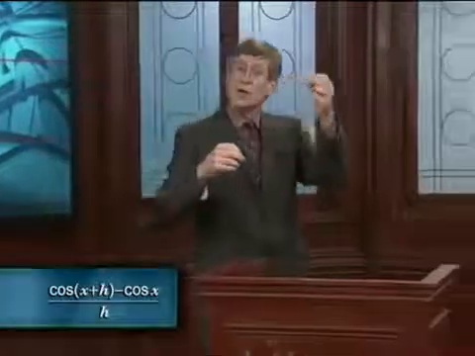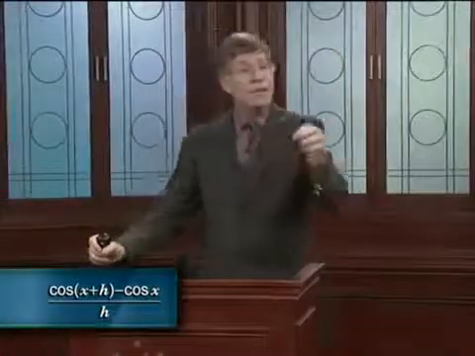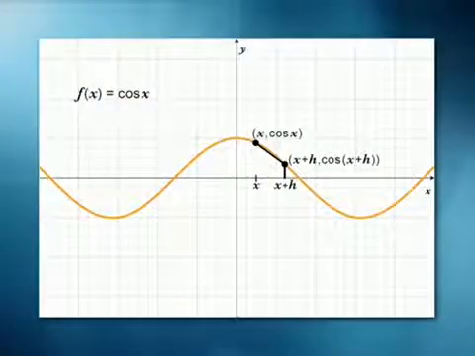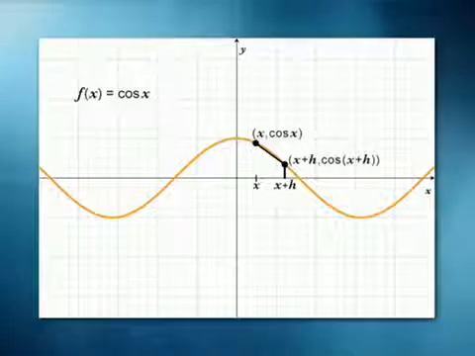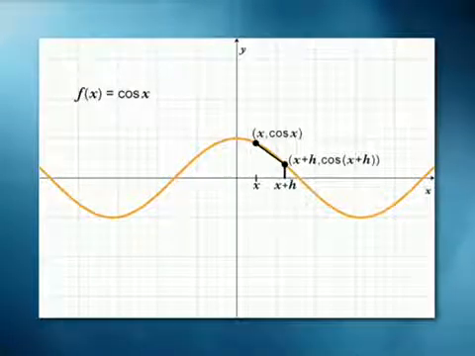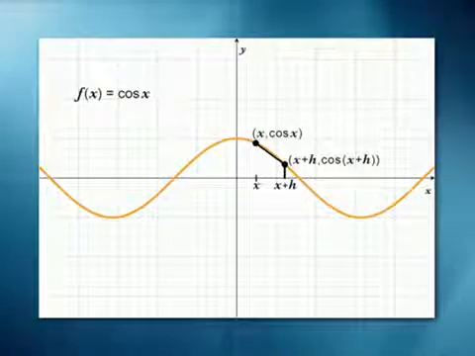So it'll be cosine of x plus h minus cosine x, that's the difference in the y values, divided by x plus h minus x. The x's cancel and you're left with h in the denominator. That's the expression I started with. The numerator was the difference in the y values. The denominator was the difference in the x values. So it's not such an obscure expression after all. It's an expression giving slope.